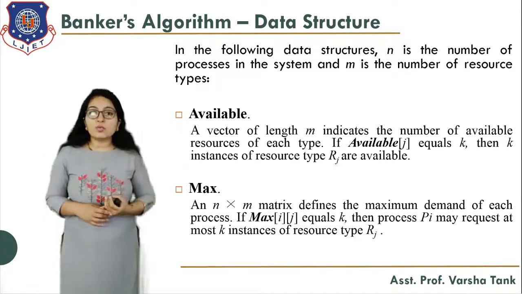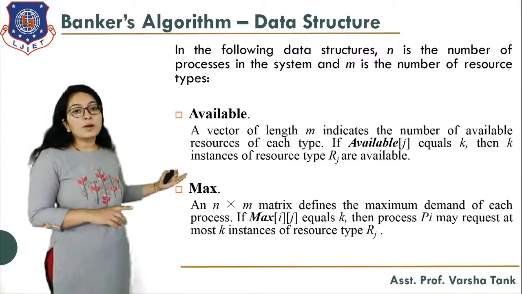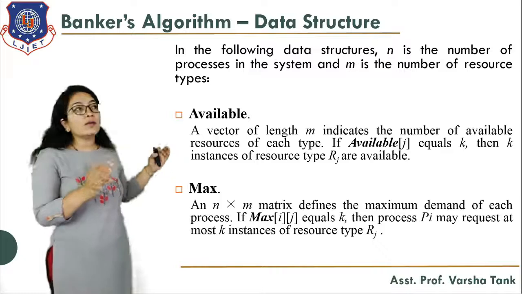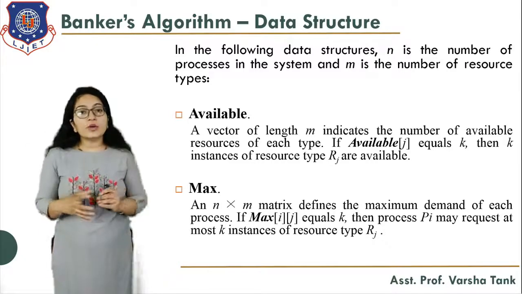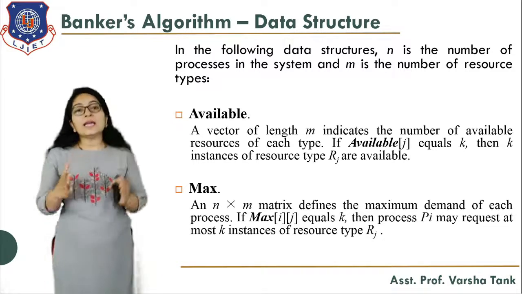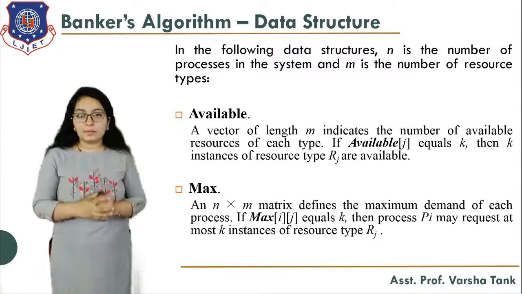So available, what does that mean? A vector of length m indicates the number of available resources of each type. So if available[j] equals k, what is the meaning of this? It means k instances of resource type Rj are available.